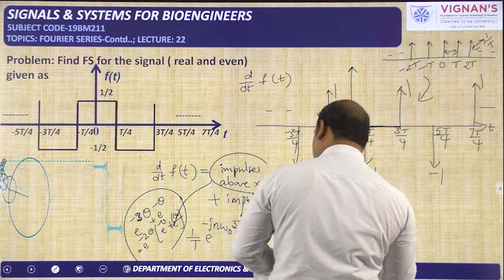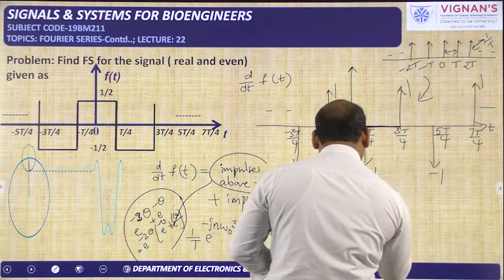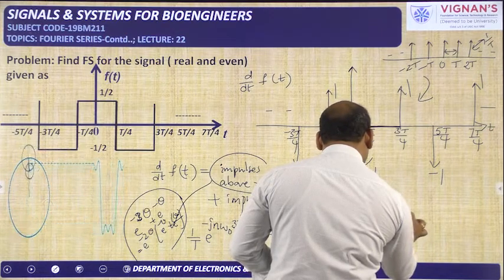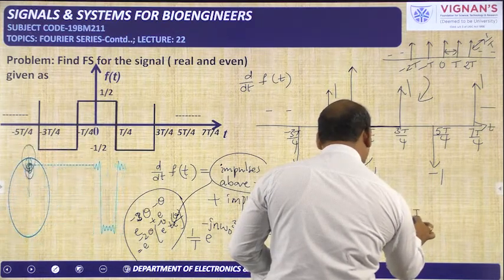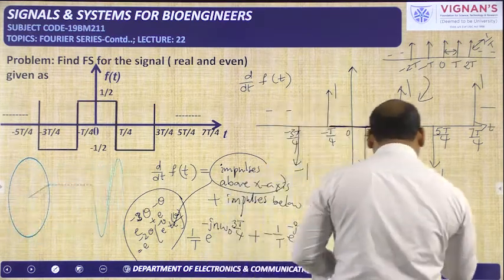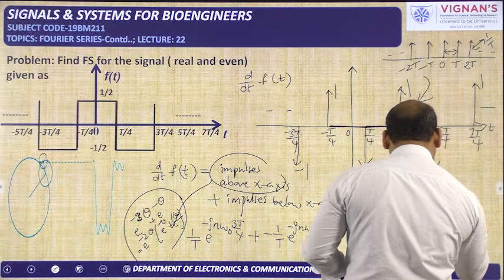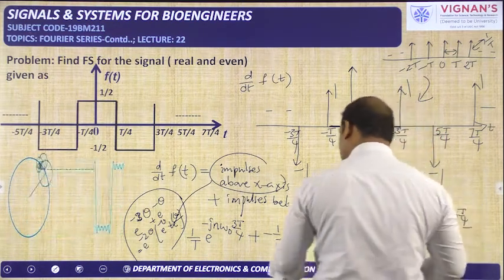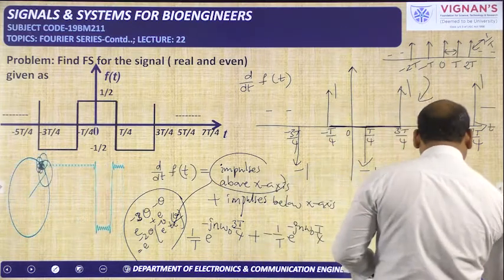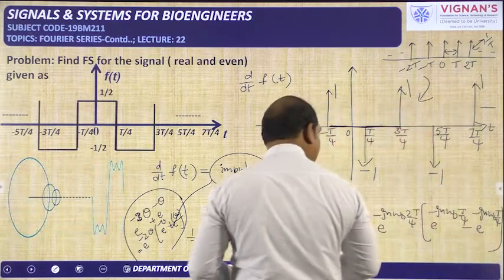Next I am taking e power minus j n omega naught 2T by 4 as common. Then from the first one you will get e power minus j n omega naught T by 4, and from the second one you will get e power minus j n omega naught 3T by 4, like this.